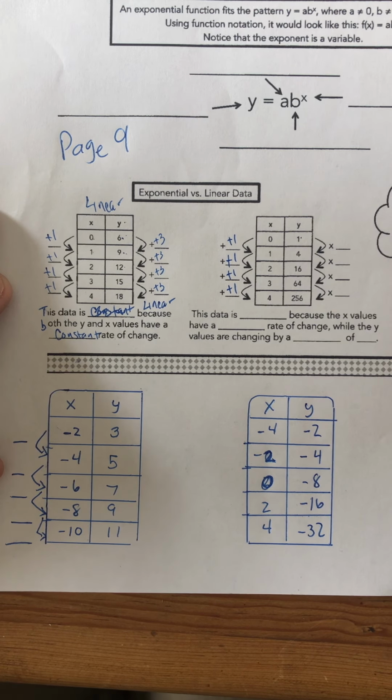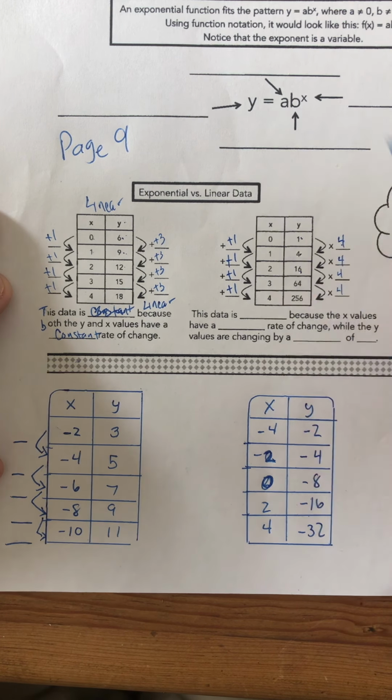So I got to think that we're going to use multiplication. So what number times 1 will give us 4? Well, we know that number is 4. And then if I do 4 times 4, what do I get? Well, I get 16. And 16 times 4 is 64. And 64 times 4 is 256.